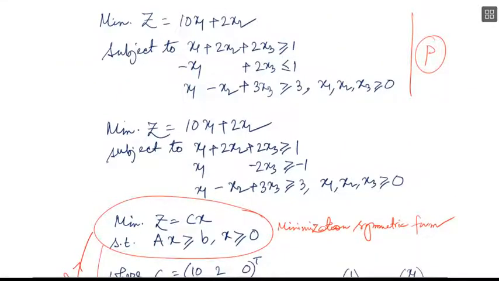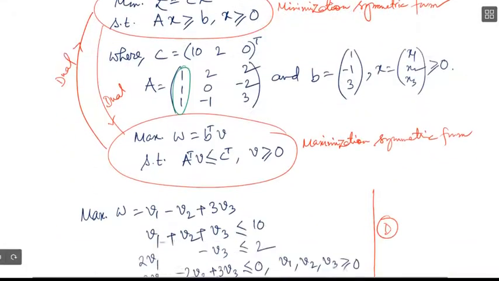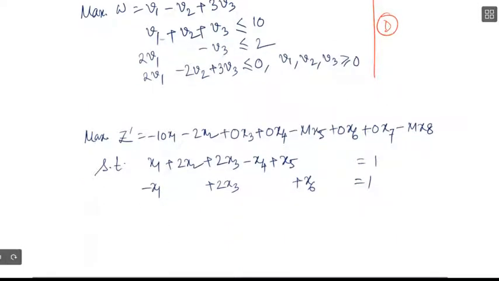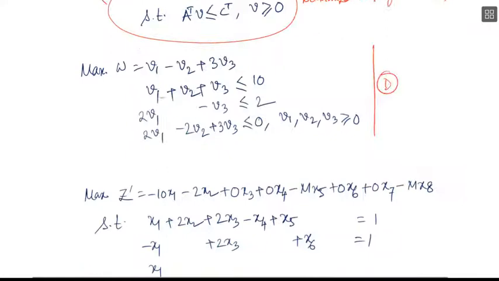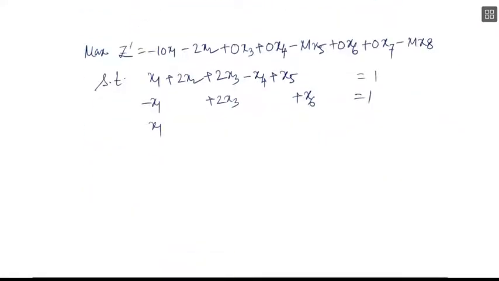And the third constraint is x1 minus x2 plus 3x3, and it was a greater than or equal to type inequality.